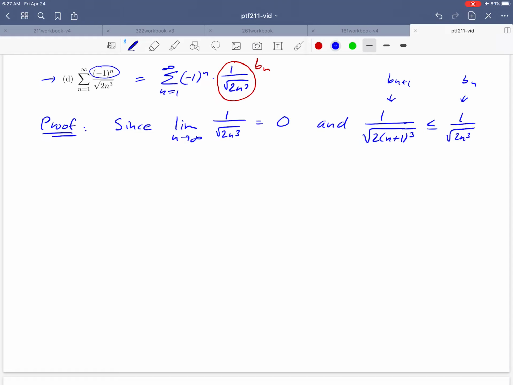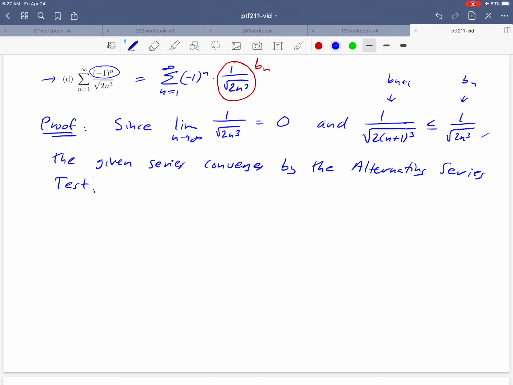Since those two conditions are true, we know that the given series converges by the alternating series test. That's what we used. I believe we have completed part D.